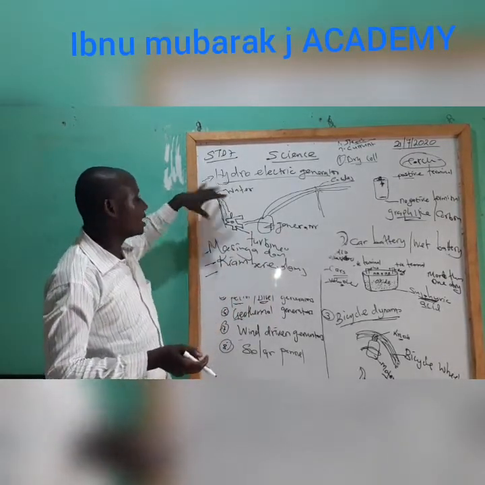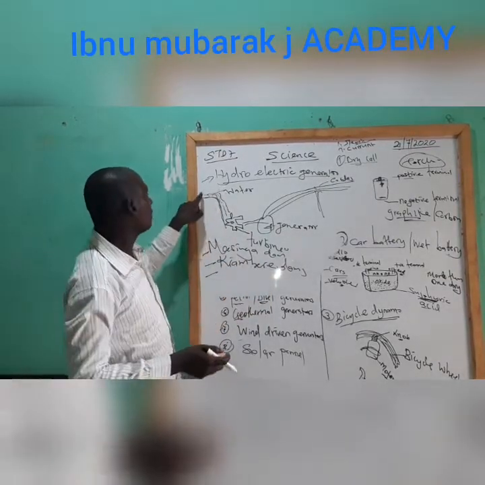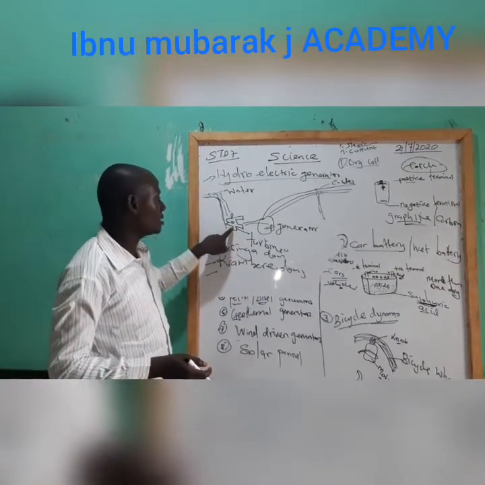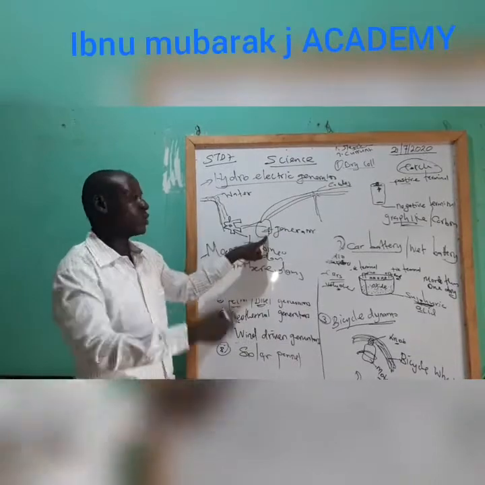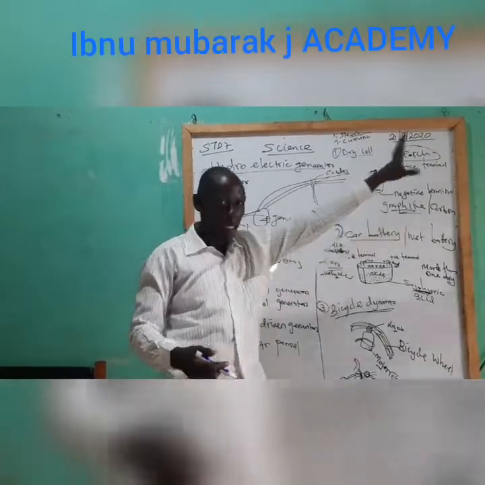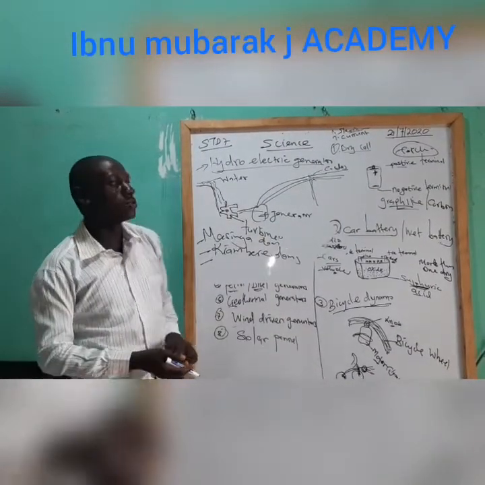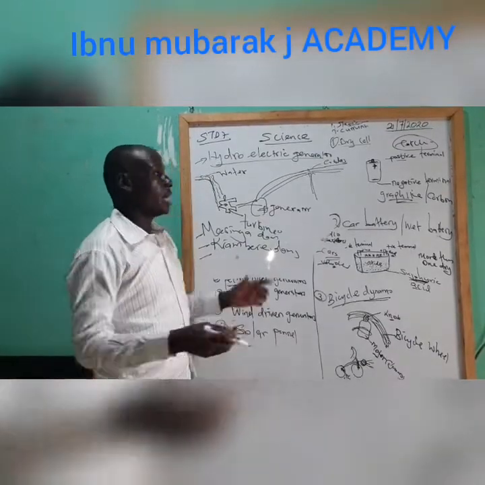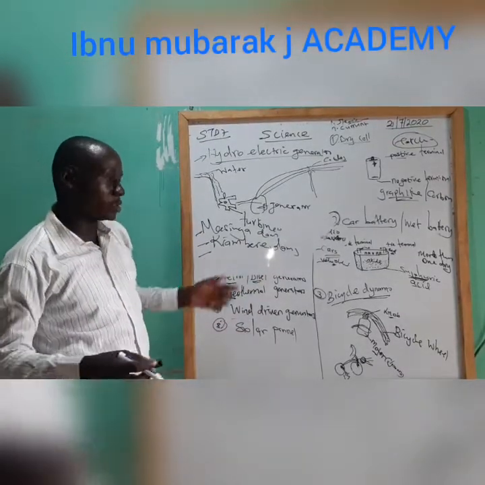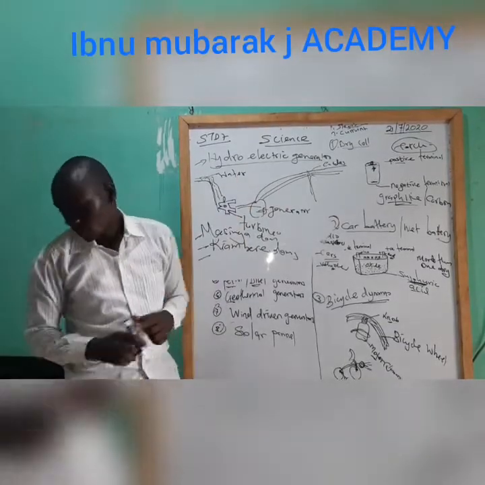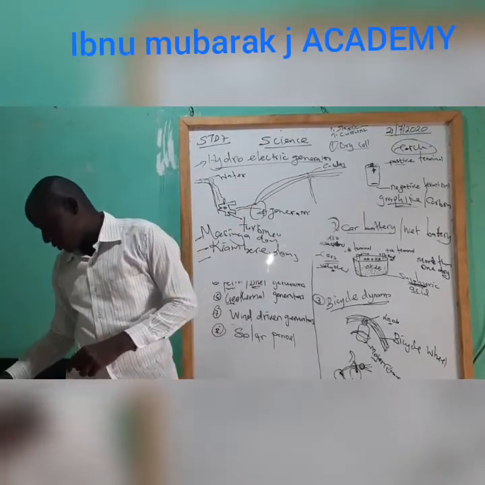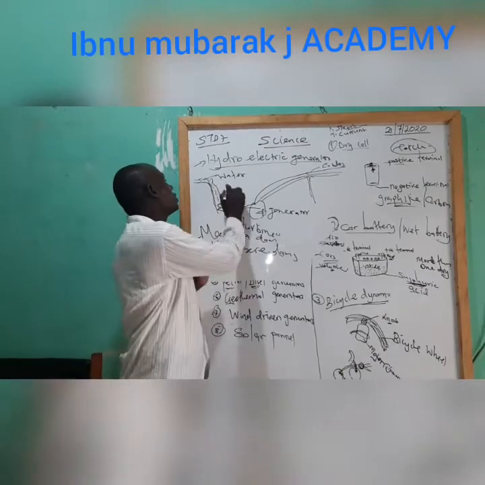Because River Tana has that water which can run the turbines. The turbines make generators produce electricity, which flows through the cables to reach a very wide area across the nation. I think that is all about hydroelectric.